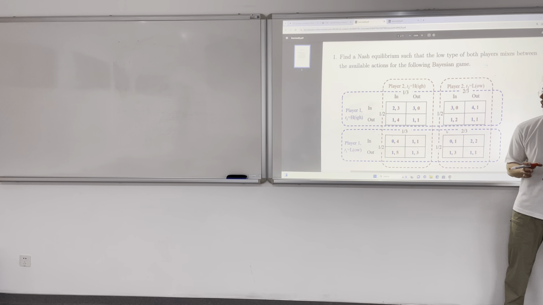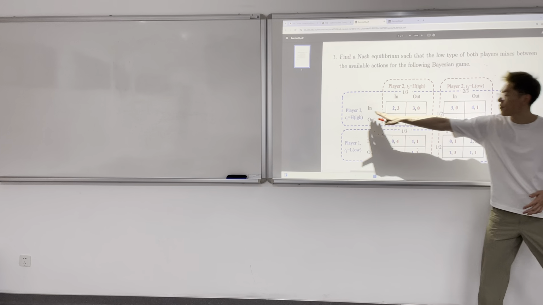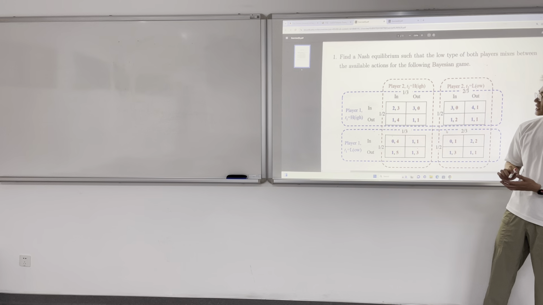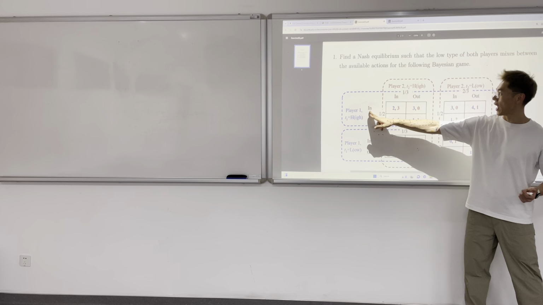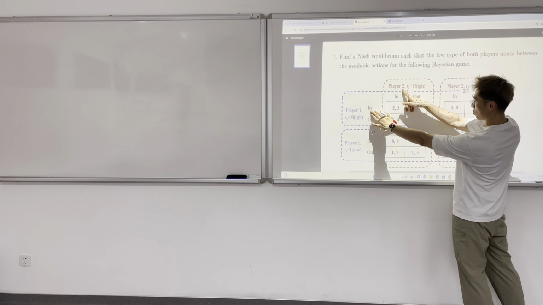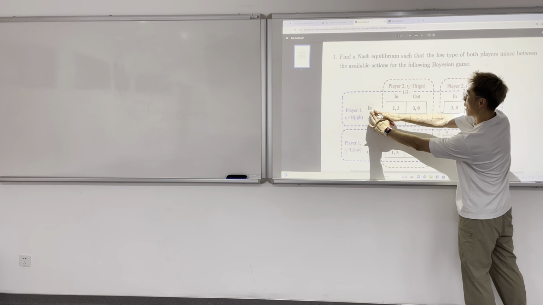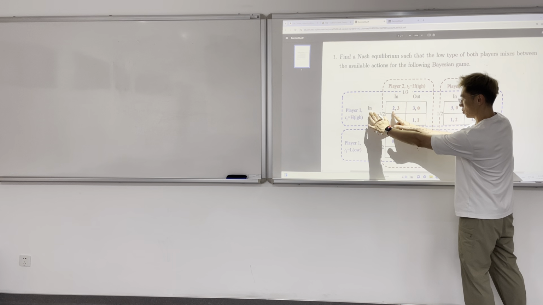As you are already familiar with the game, we first need to find whether there is any dominant or dominated action for each type of player. Let's first look at player 1 of high type. If high type player 1 plays in, and the opponent is a high type player 2 who plays in also, player 1 gets a payoff of 2.